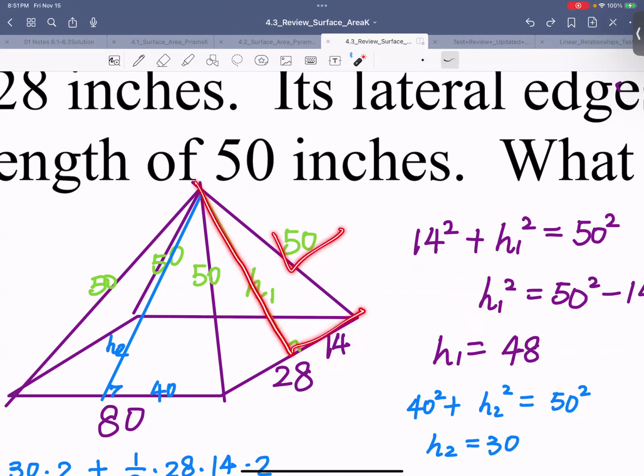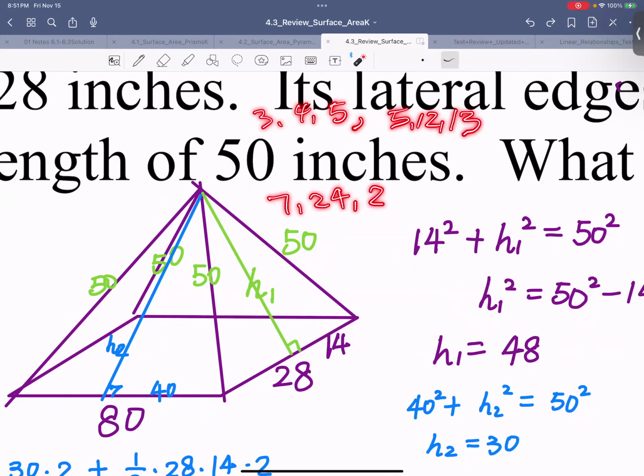So how long will it be here? 40. Hold on. 3, 4, 5. 5, 12, 13. Yes. 7, 24, 25. What did you see?